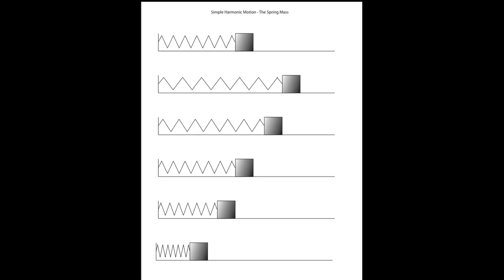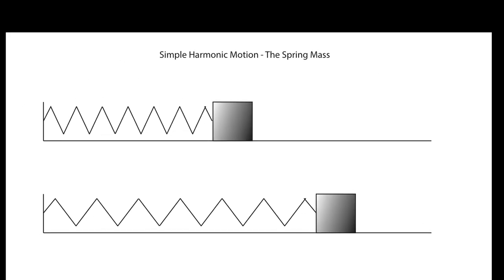The first thing I want to highlight is the top picture. The top picture represents equilibrium. I've done nothing to the system. The system is in its relaxed state. At equilibrium, net force equals 0. And I've not done anything to the spring. It's just sitting there with a mass attached.